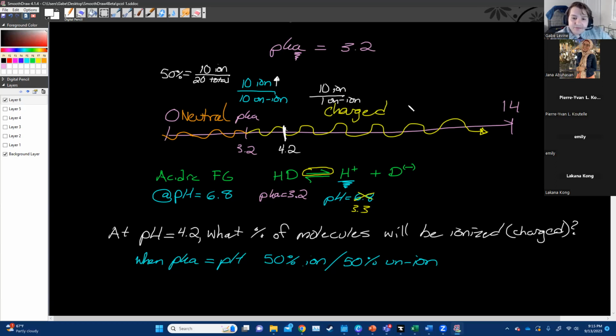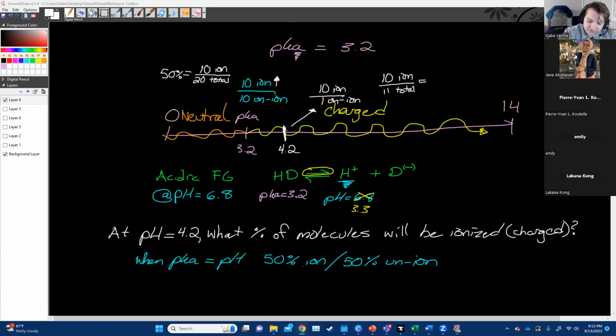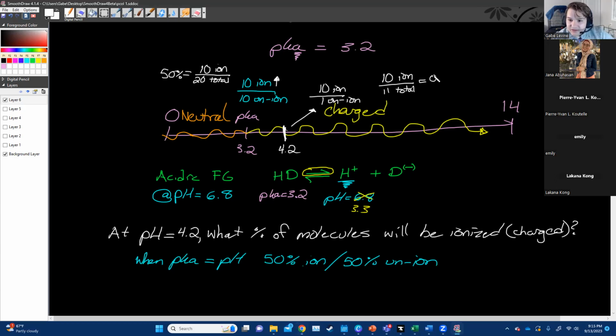What this means is that at a pH of 4.2, 10 out of every 11 molecules is going to be ionized. If you do 10 divided by 11, you get 0.90, which is around 90%.